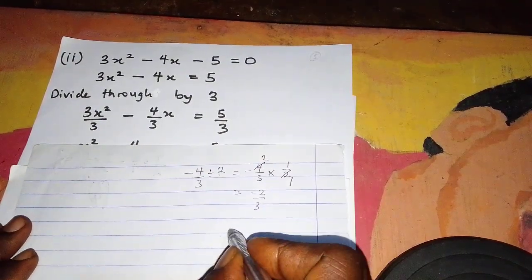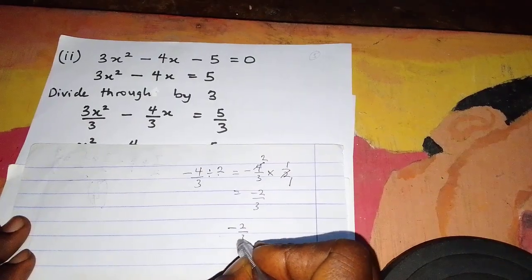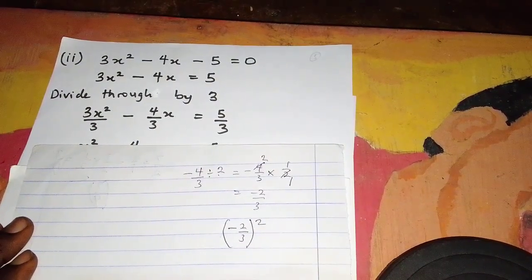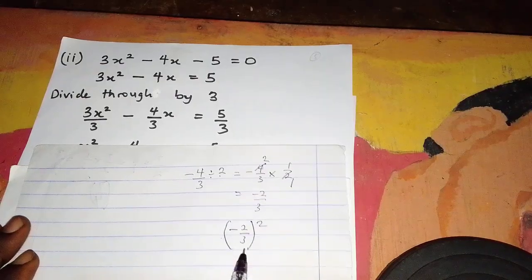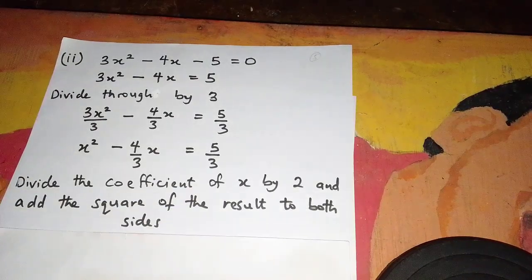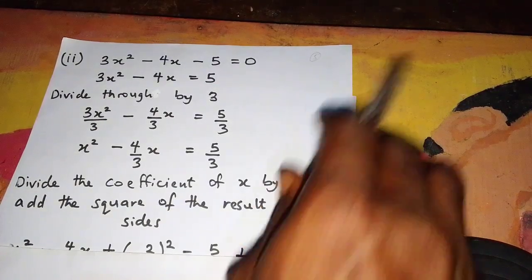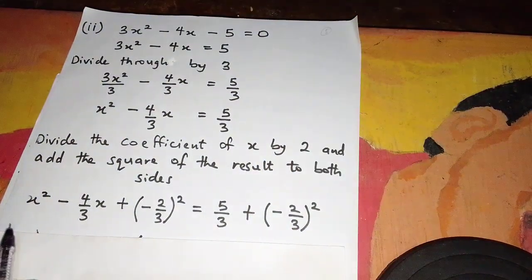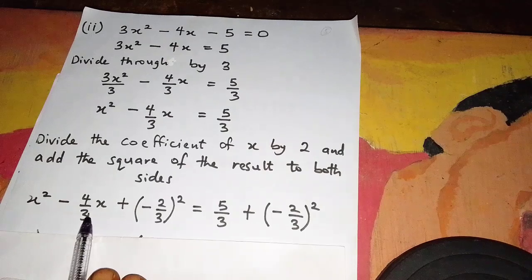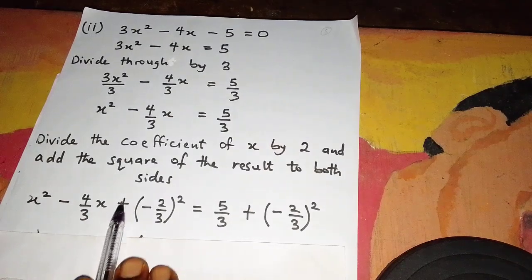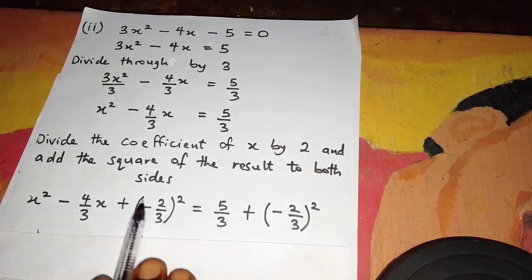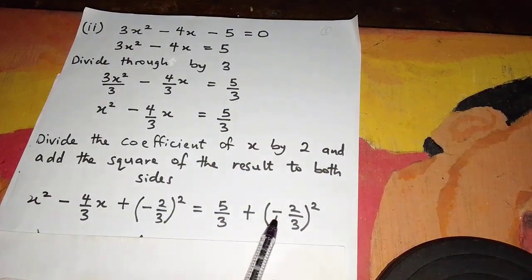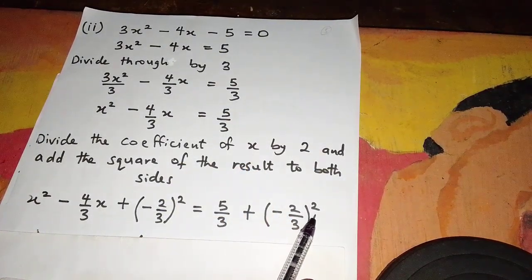Then you now add the square of minus 2 over 3 to both sides. So you add this one to this. So when you divide the coefficient of x by 2 and add the square, you now have x squared minus 4 over 3x plus this minus 2 over 3 squared equals 5 over 3 plus minus 2 over 3 squared.